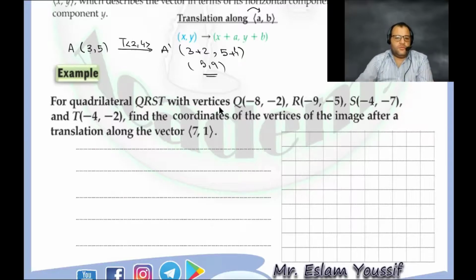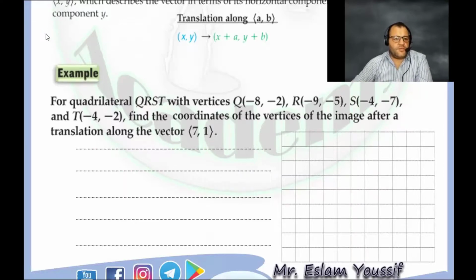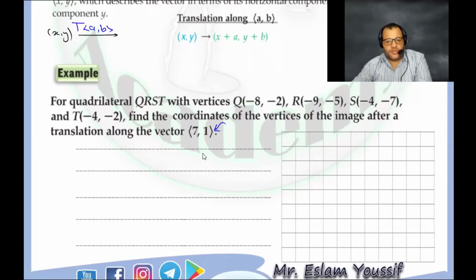Can you explain again? For this one, all you have to do is, suppose that we have a point here, x and y. We need to make a translation with a vector a and b. This form is called the vector, the vector of translation, that you need to translate the figure: how many units up or down, right or left.